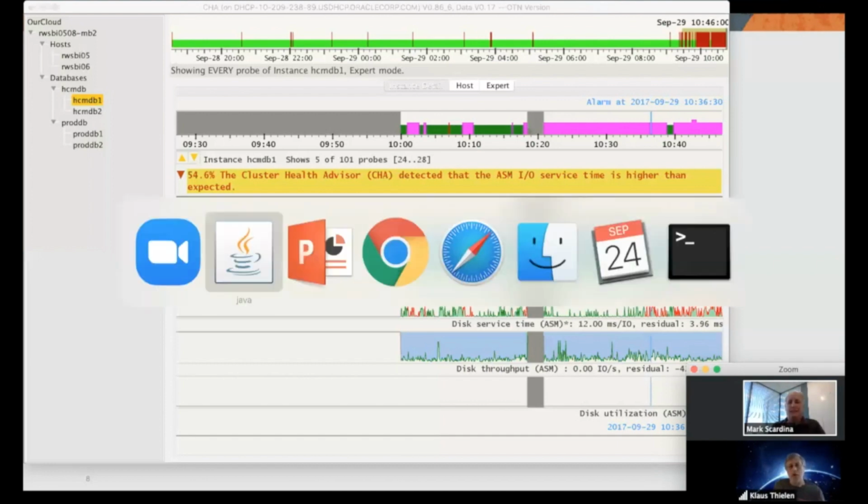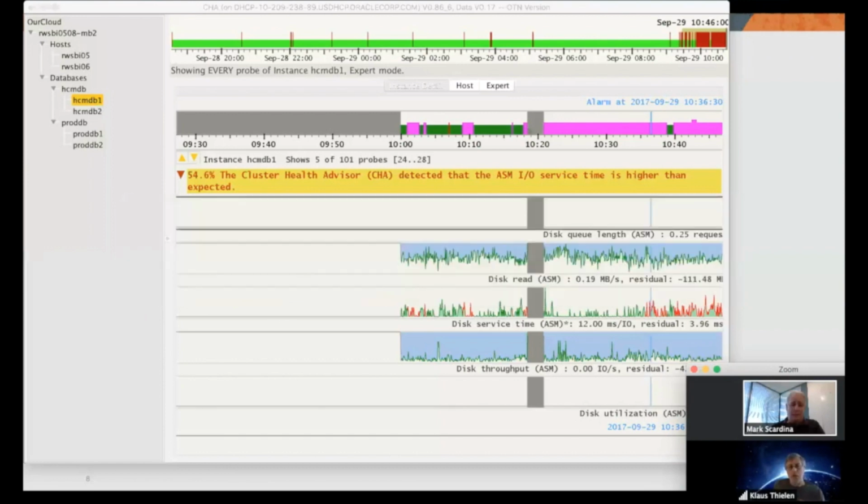I have a customer in Germany who is using it, and the first thing he did was change the default retention time and put the GIMR on a 1 terabyte disk group to make sure he could look at the data a year from now, for example. I see. Sure, so you can get quite a long retention time that way.